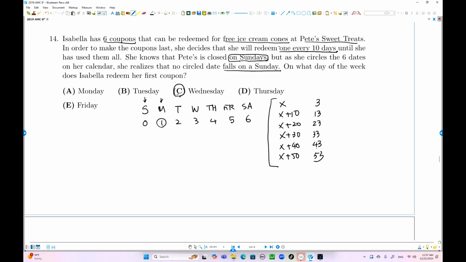So that's the answer. For example, one more here, Friday: we start at number 5. That is 15, 25, 35 is a multiple of 7, so it falls on Sunday. But we already got the answer here.